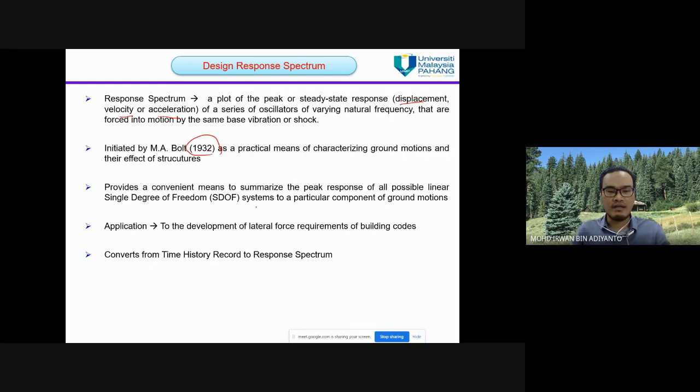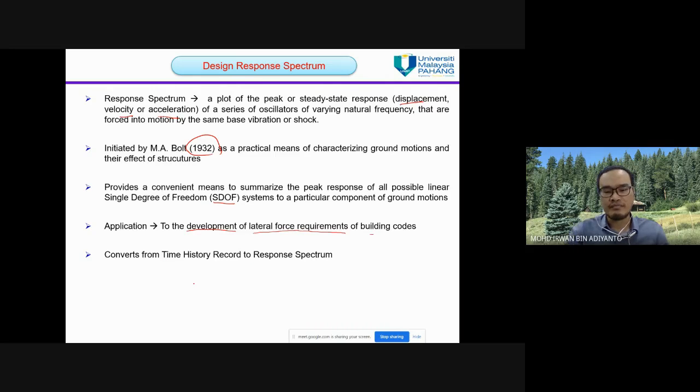Okay, it provides a convenient means to summarize the peak response of all possible linear single degree of freedom systems to a particular component of ground motion. The application is to the development of lateral force requirements of building codes, and it converts the time history records to response spectrum.